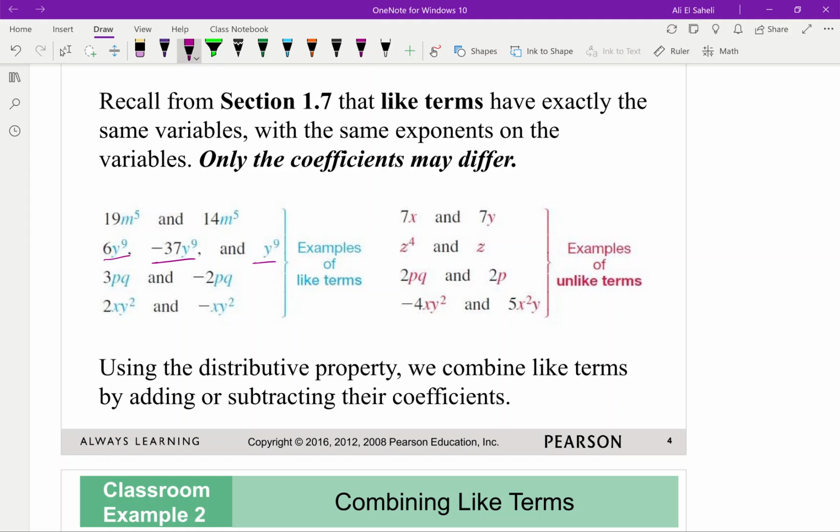The idea is if you have, let's say, 2y to the power 9 minus 3y to the power 6, you cannot add them. This is y to the power 9 and this is y to the power 6, so you cannot add them. That's why we say these are not like terms.